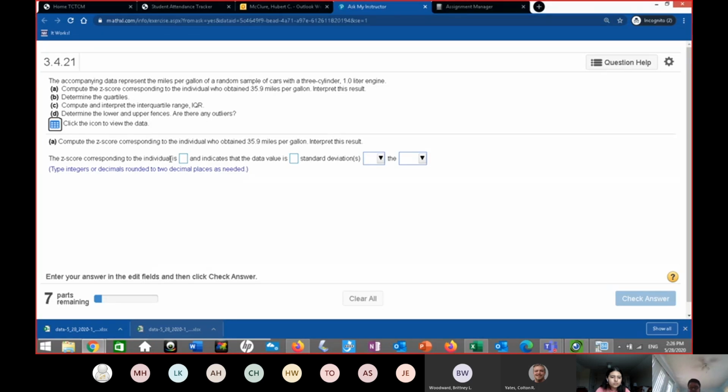Now I'm going to do that on a calculator. We should have written down the quartiles also, but I didn't. Okay, so here's my calculator.